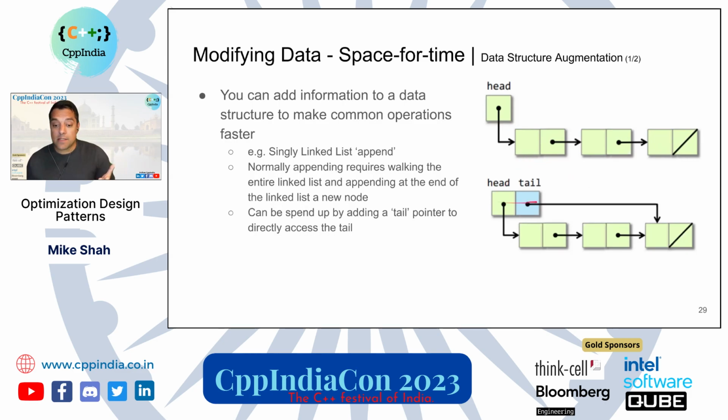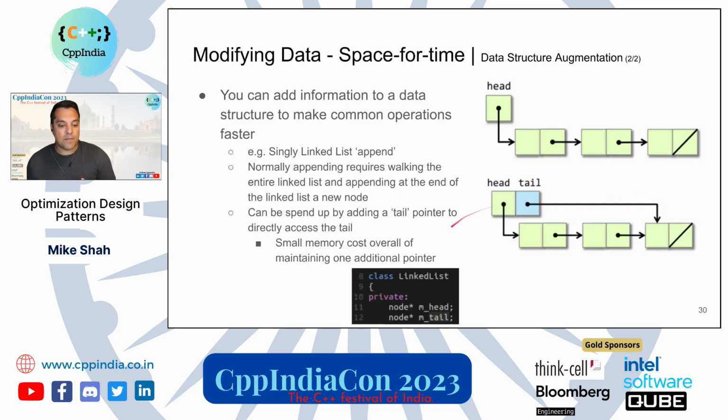I can speed this up by trading a little bit of space, adding a tail node that points to the end, and with a little extra bookkeeping, the append operation becomes constant time. So that's an example of the type of trade-offs we might be thinking about in our computation. It's a small memory cost overall for maintaining one additional pointer where we can get more performance.